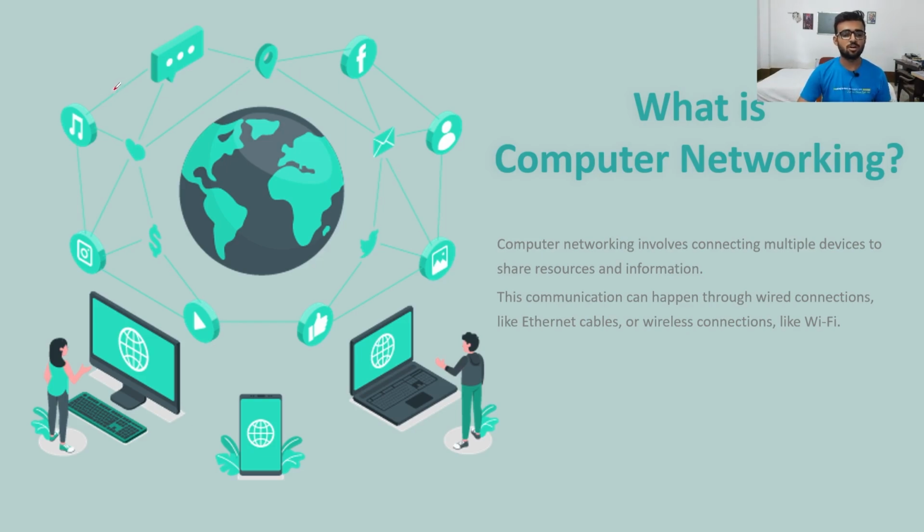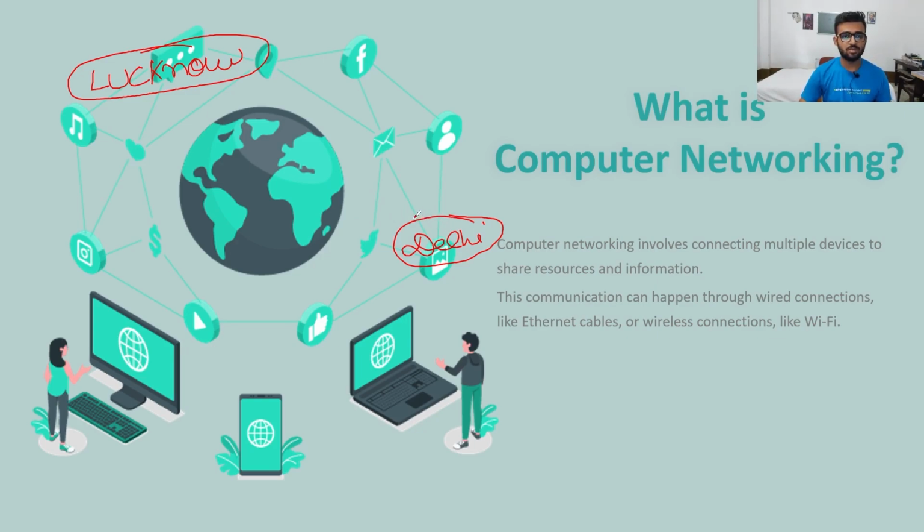So as you think of, someone is living in Lucknow, which is a city, and someone else is living in Delhi, and both have a mobile phone, and they want to share a message.